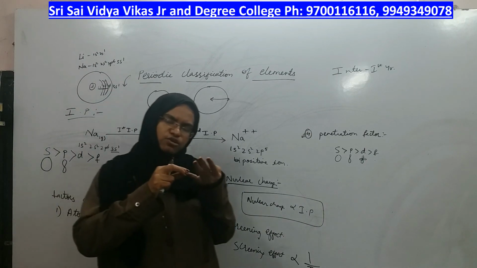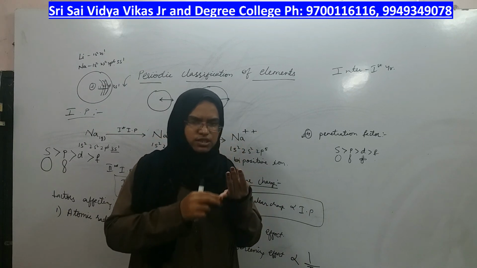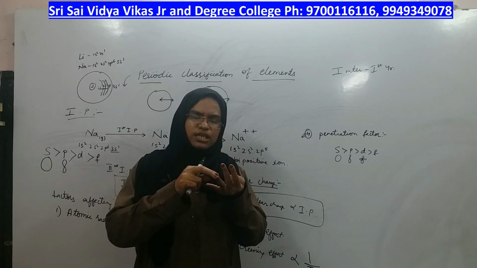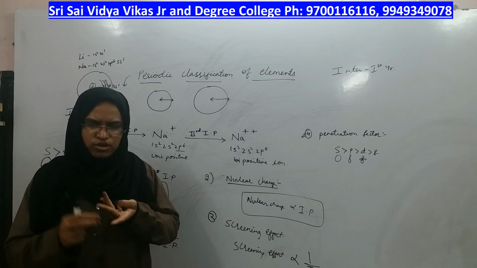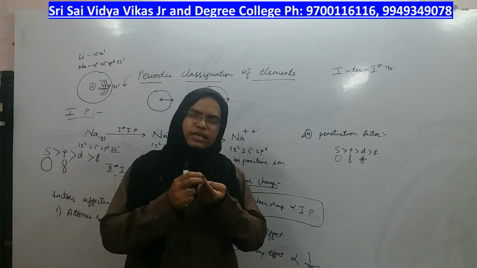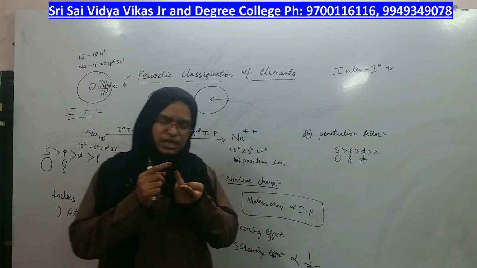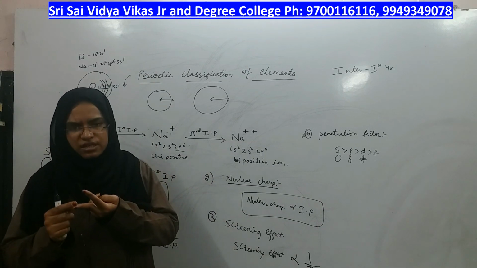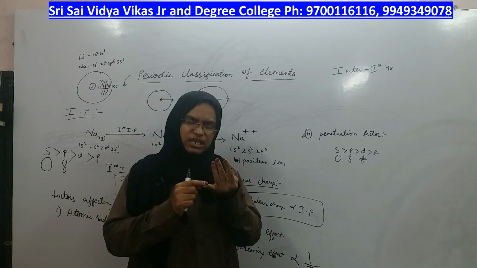Removal of electron from s orbital is difficult because it is more penetrated towards the nucleus. Then a little easy is p orbital, then a little easy is d orbital, then goes f orbital. It's very easy to remove an electron if it is present in f orbital. Then a little difficult is the electron present in the d orbital, then p orbital and then s orbital.